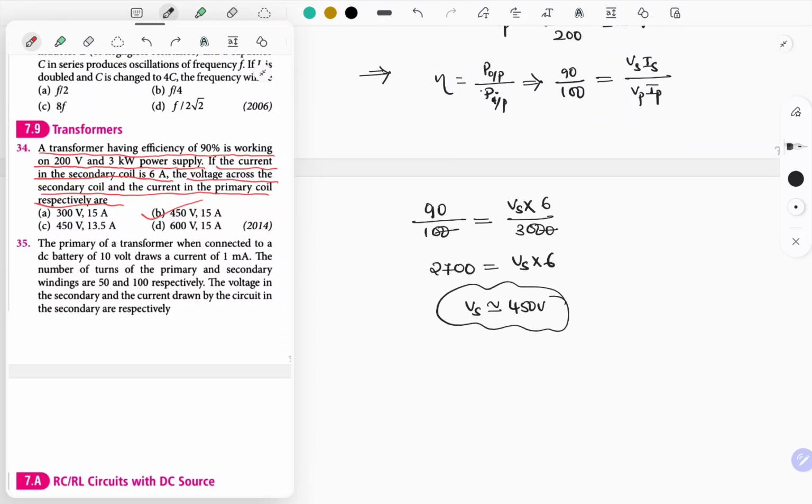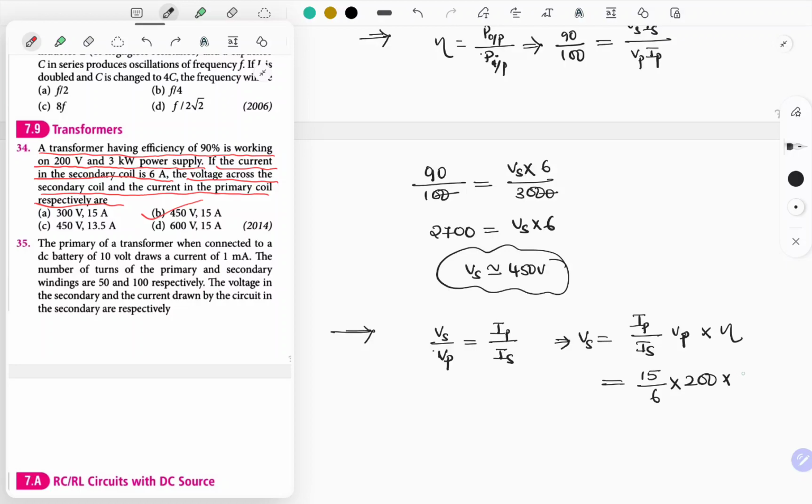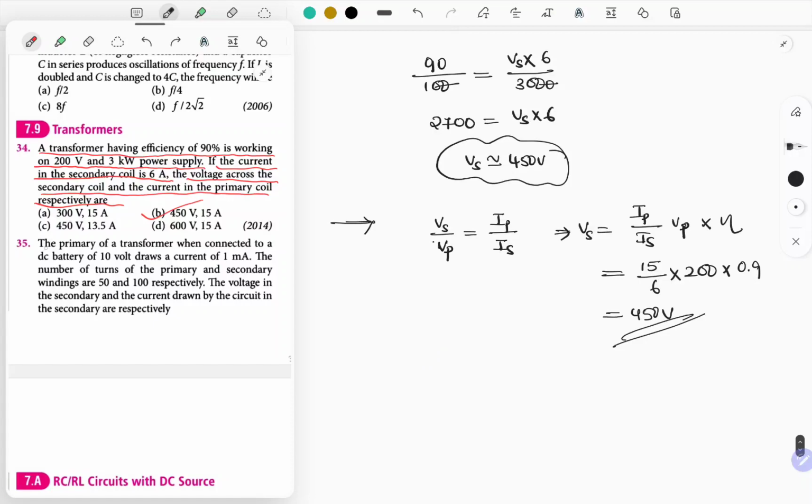That means you have to write it into 0.9. We have to multiply by efficiency because it is not an ideal transformer, right? So into efficiency 0.9, we are going to get 450 volts as the answer. This is the correct approach. Okay, let's move on to the next one.